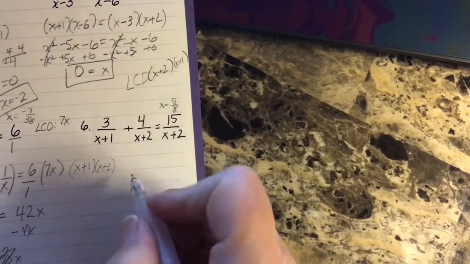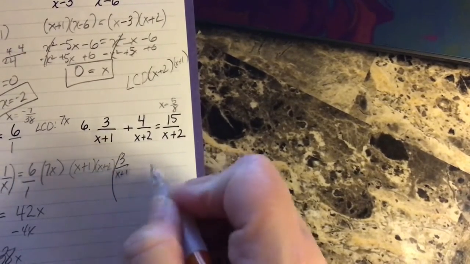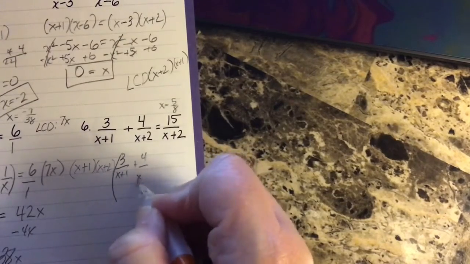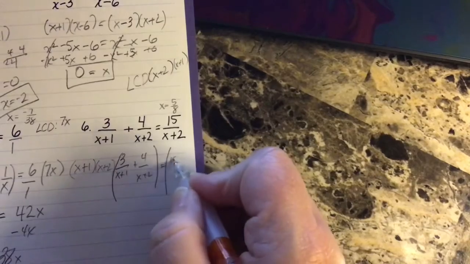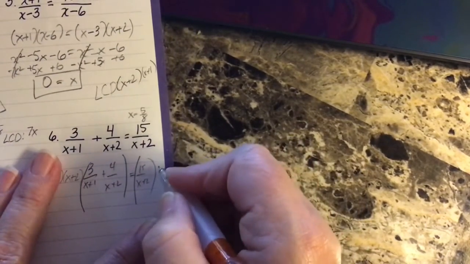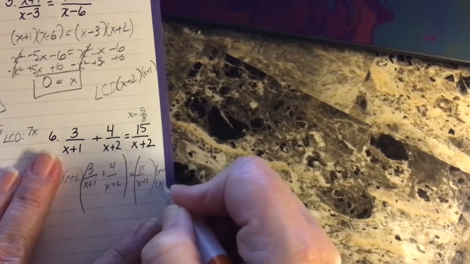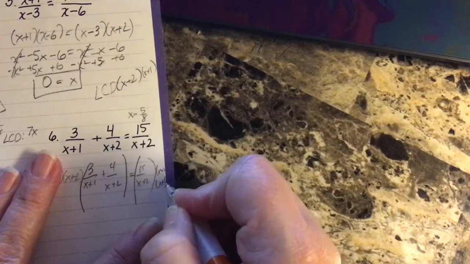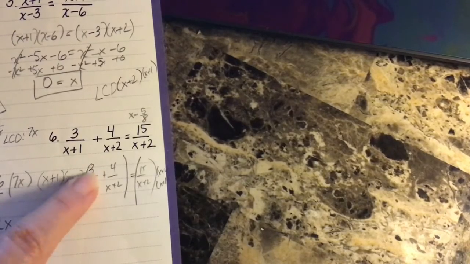I'm not going to have very much space, but I'll try my best. And I'll do the same thing on this side and multiply by the least common denominator. Now, I will probably skip this next step when I do the next problem, but I want to show you what happens when I multiply these two binomials times this fraction.